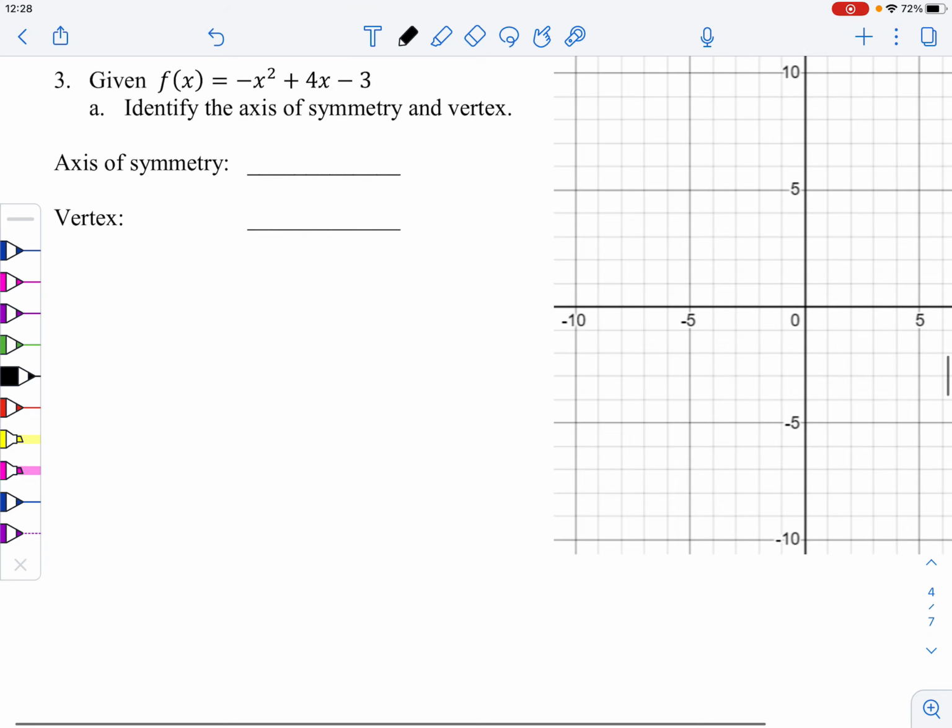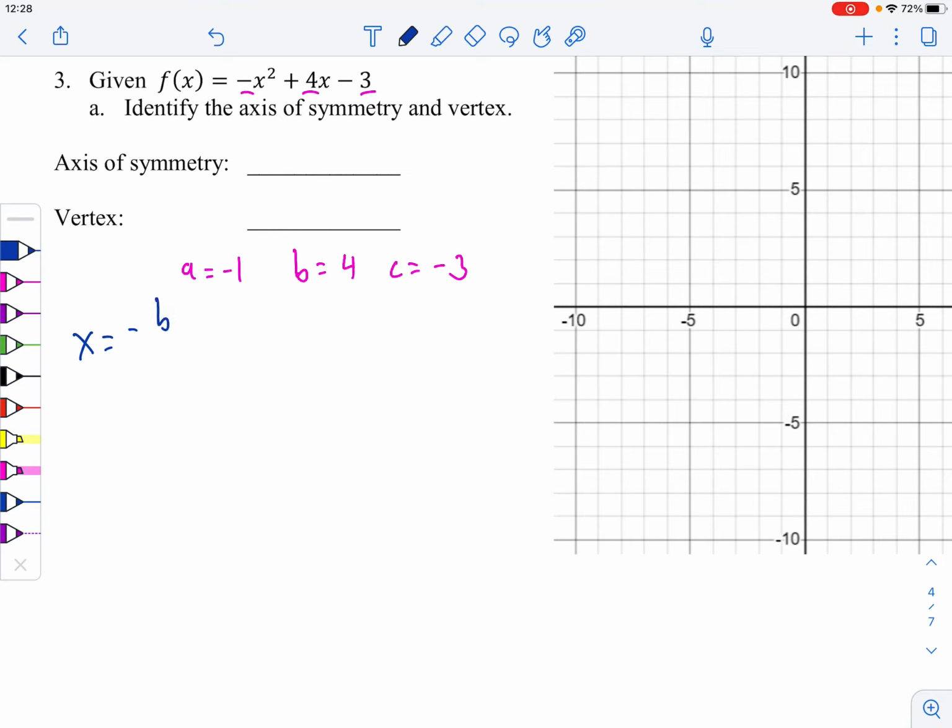Okay, same thing. Identify what our A, B, C are. So A is negative 1, B is 4, C is negative 3. We're going to use our x equals opposite B over 2A to find the x value of our vertex.